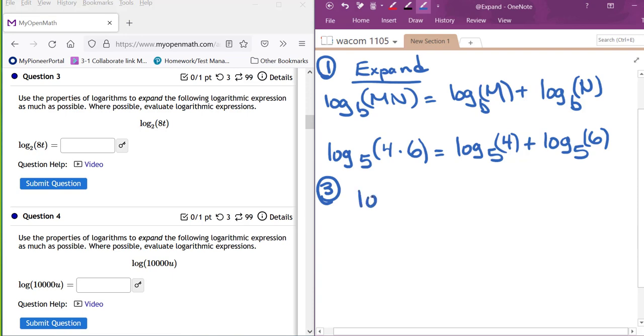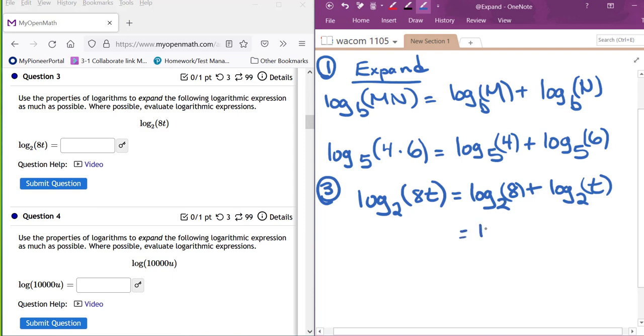Then I skip to question 3. So we have log base 2 of 8t, and this is a product, so we're going to write it as the sum of those two logs, so we'll write log 2 times. And you have to check and see. This one you can write 8 as 2 to a power.